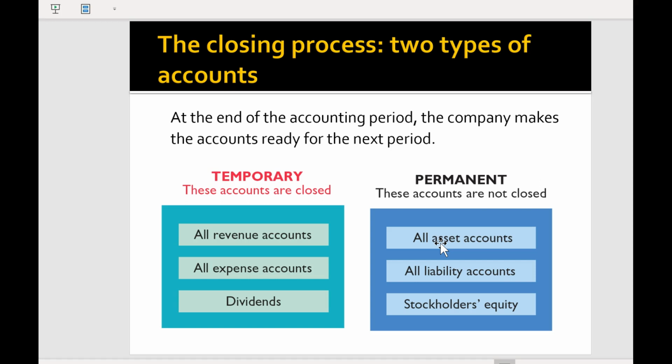How much cash do you have all along the history? So all these asset accounts will accumulate and carry over the balances across periods. They are never reset to zero, whereas the revenue accounts, expense accounts, and dividend accounts are reset every single period, if that makes sense to you.